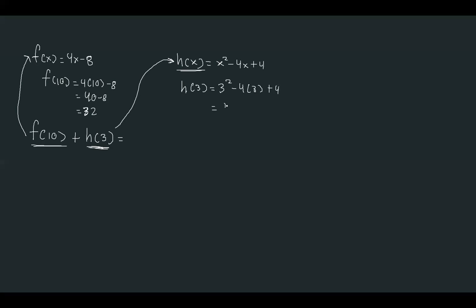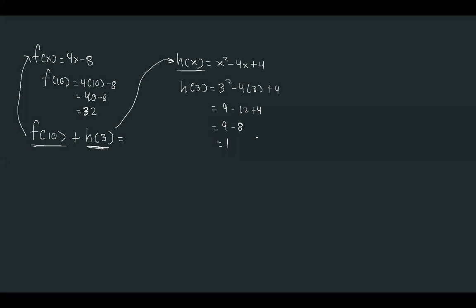So this is 9 minus, negative 4 times 3 is negative 12, plus 4. So you will have 9. Negative 12 plus 4 is negative 8, so minus 8. So 9 minus 8 is 1. All right? That's it.